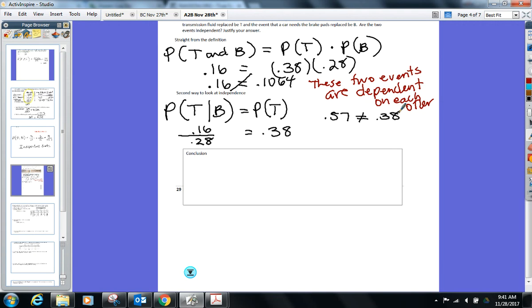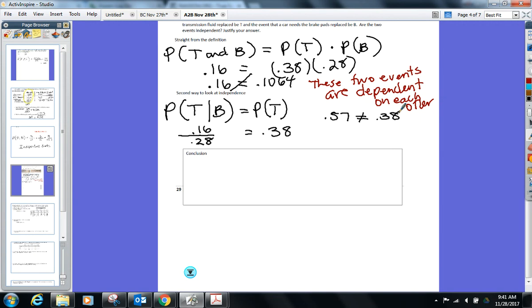The fact that I got brake pads just changed the probability I got transmission fluid. Which means what? Can they be independent then? No, one depends on the other. Because if they were independent, these two should have been the same. It wouldn't have mattered if I got brake pads or not. But it did change the probability I got transmission fluid. So that means they depend on each other.